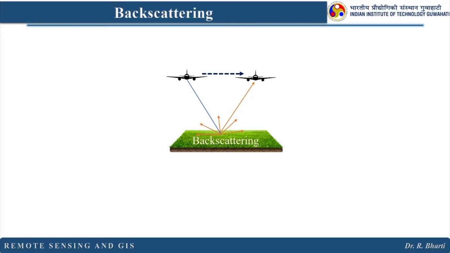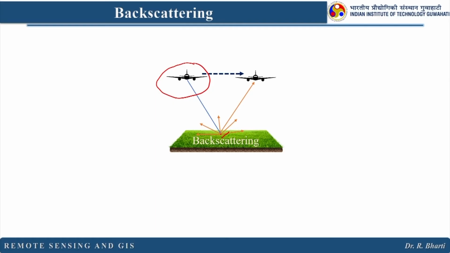Now let us understand backscattering. What is backscattering? How is it different from reflectance or emission? Here the flight has an active radar and it is illuminating this surface, and the surface will either absorb, transmit, reflect, or scatter this energy.